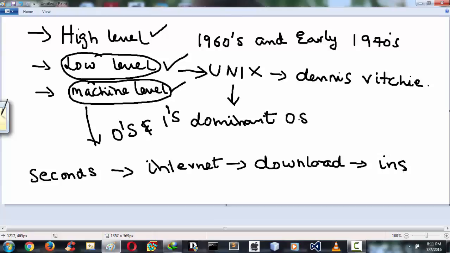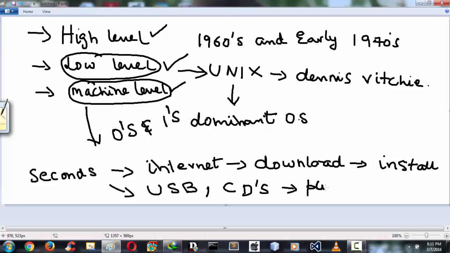Back in those days there were no USB drives. In today's world you can take software on a USB stick, plug it into your computer, and install it. CDs are already outdated, and no one is going to use them.